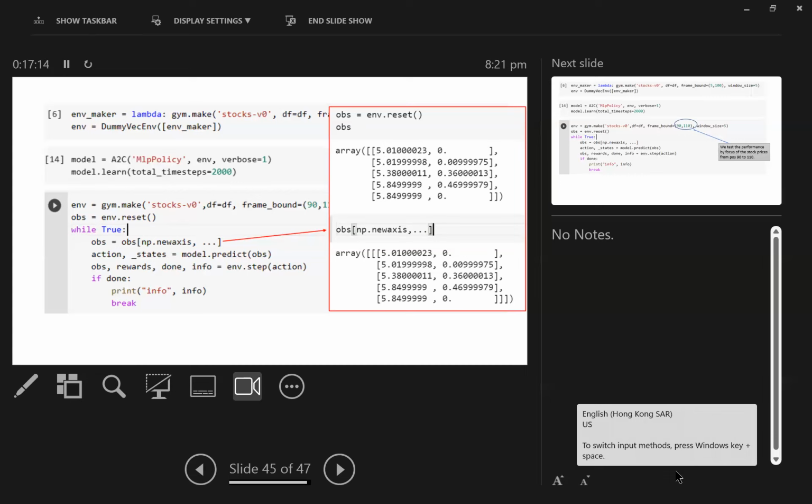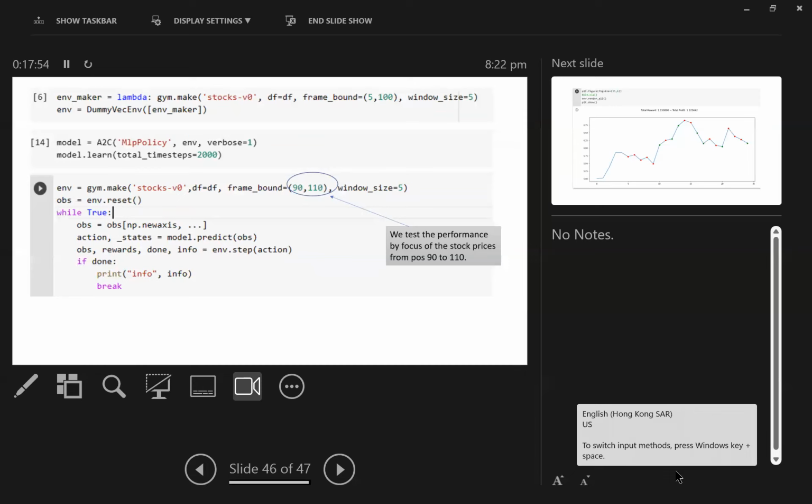After you make the correct dimension, you just call predict, and then it gives you the new state as well as the action. The new state here, as I mentioned, will not have any particular meaning because the state is eventually predetermined by the original data. So we will not use it, but we still need it in order to fit the output format of the function. So this is what we have.